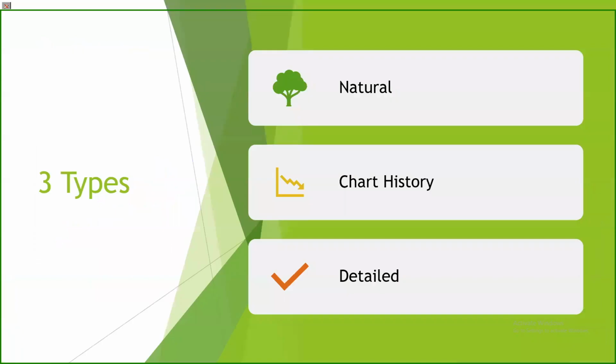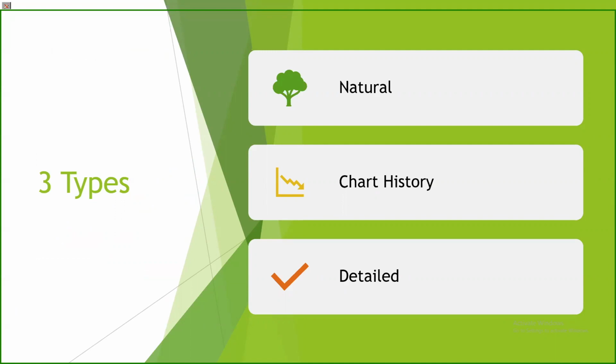There are three different types: natural, chart history, and detailed. So there are three types of support and resistance lines. There's only three, not one natural support, two chart history. Support and resistance all fall in the same category: natural, chart history, detailed. It keeps it very nice and easy.